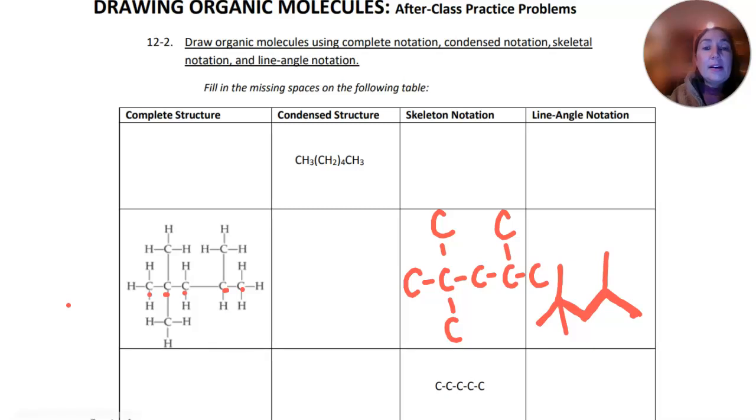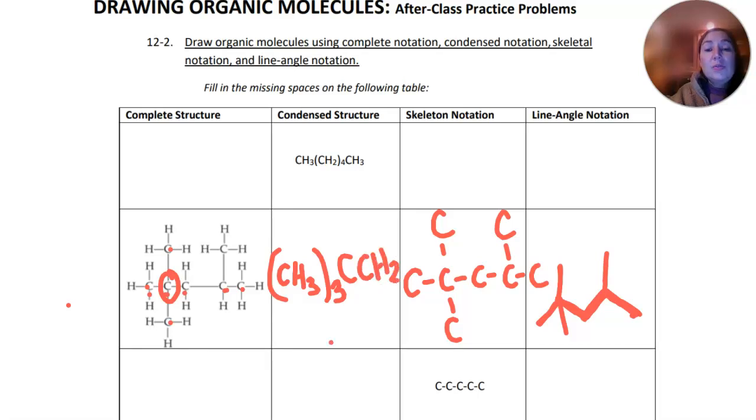Okay, now I need to look at a condensed structure. My first carbon needs to have some CH3s on it. This is really my first carbon, and it has 1, 2, 3 CH3s on it. So this is going to be CH3 subscript 3, and then there's a C, and then there's a CH2. So now I've gotten to here.